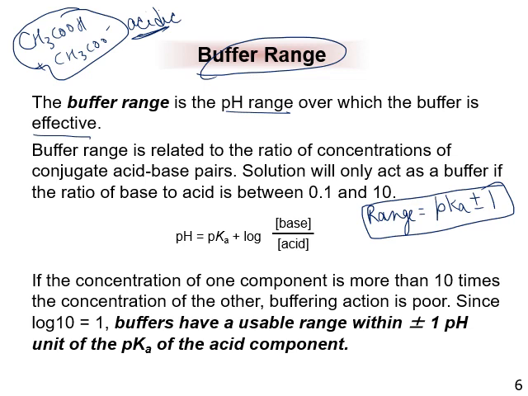So for CH3COOH, assuming the pKa of acetic acid is 4.74, I don't remember the number, then the range where this can act as a good buffer is going to be 4.74 plus minus 1, meaning 3.74 till 5.74. So this is the pH range where this is going to act as a buffer.